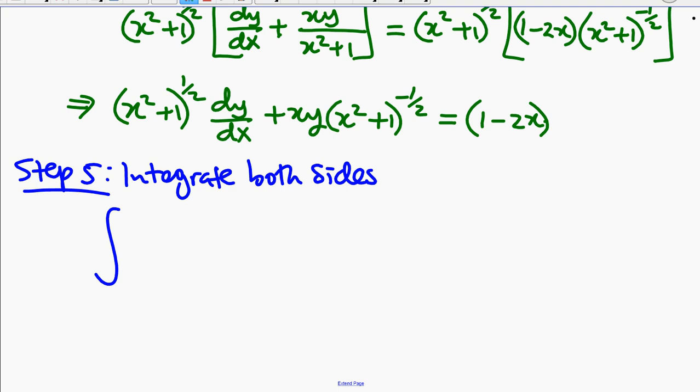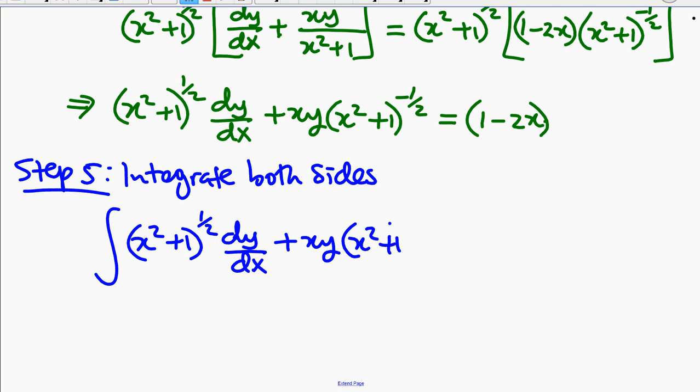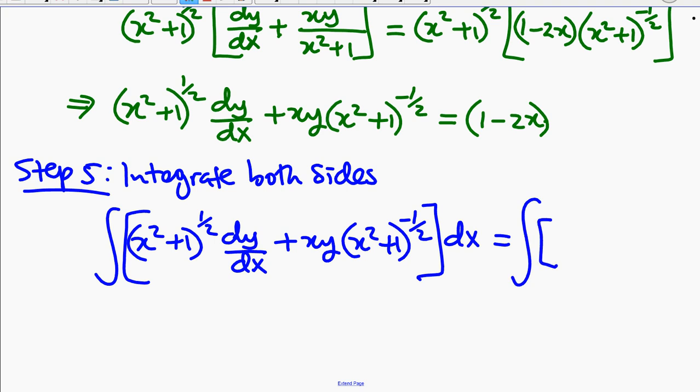So that is x squared plus 1 to power a half dy over dx plus xy times x squared plus 1 to power negative a half, which will be equal to the integral of 1 minus 2x dx.